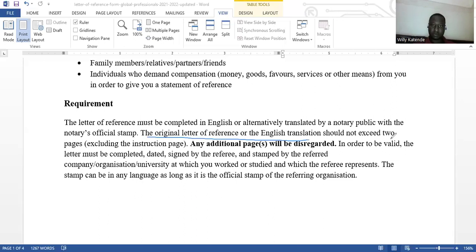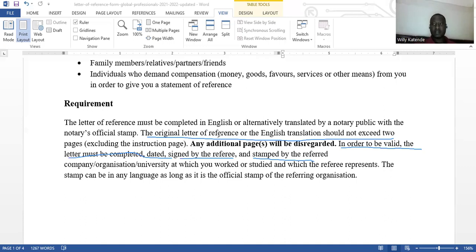This is also another important one. Any additional pages will be disregarded. And then there's another one also. In order to be valid, the letter must be completed, dated, signed by the referee, and stamped by the referring company or organization or university at which you worked or studied and which the referee represents. The stamp can be in any language as long as it is the official stamp of the referring organization.